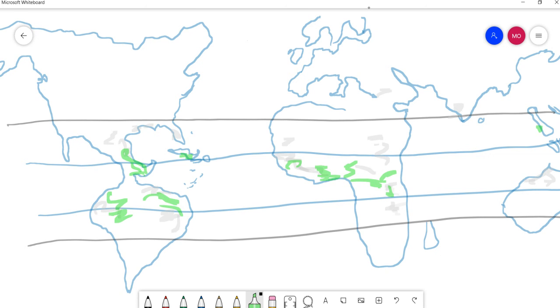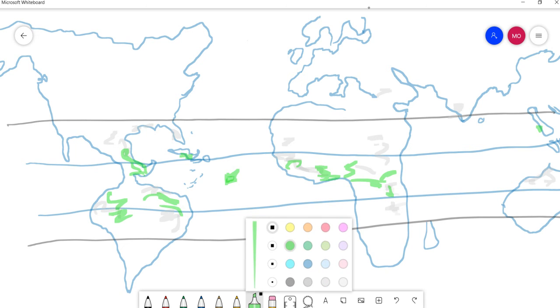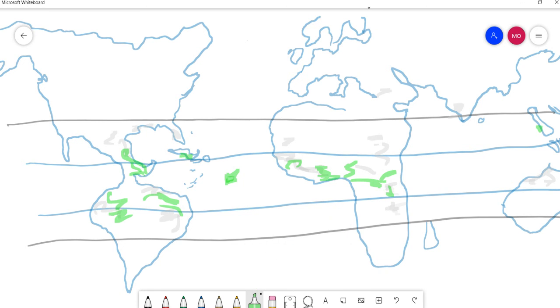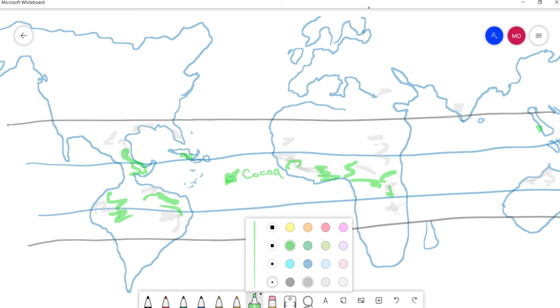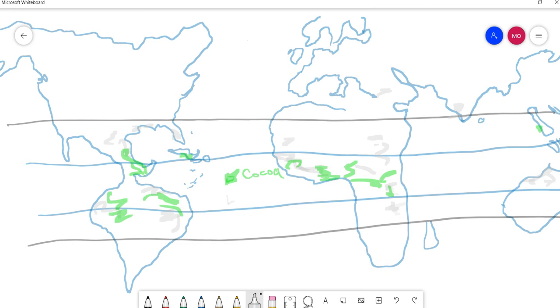Let's see, Ghana, Cote d'Ivoire, Liberia, Nigeria, Togo, Cameroon, Congo, and Philippines, a few other countries also, Vietnam. And so we have cocoa in our green and we have sugar in our gray.